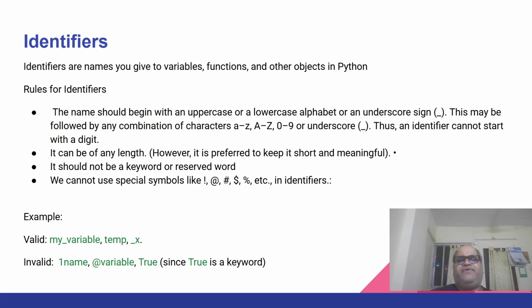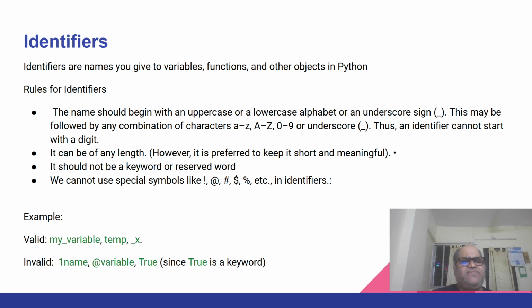What you must keep in mind is that your identifier cannot start with a digit. So you can't have something starting with one or something else. The second thing is there is no limitation on the length of these identifiers. It could be of any length, but to keep it meaningful, you should prefer meaningful lengths.